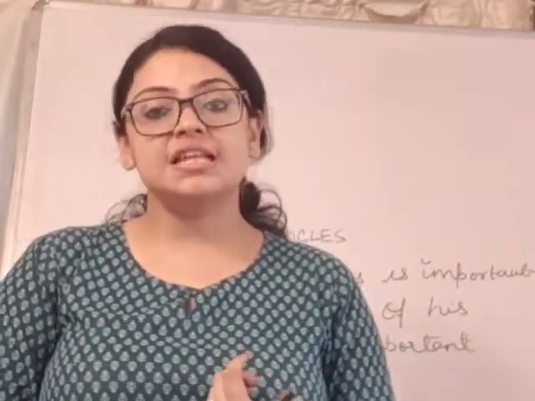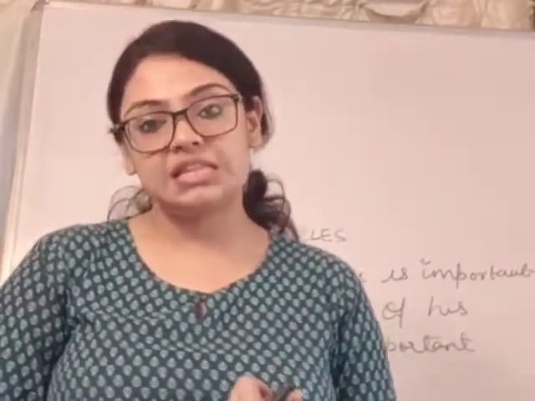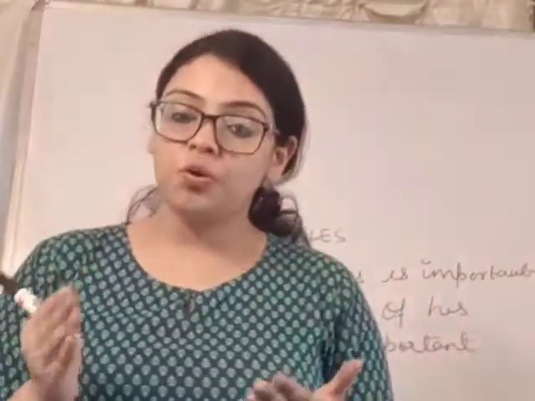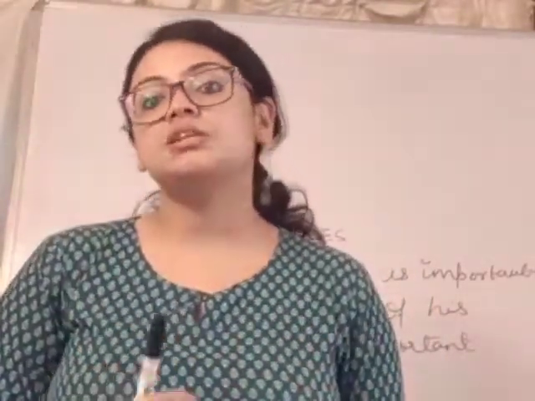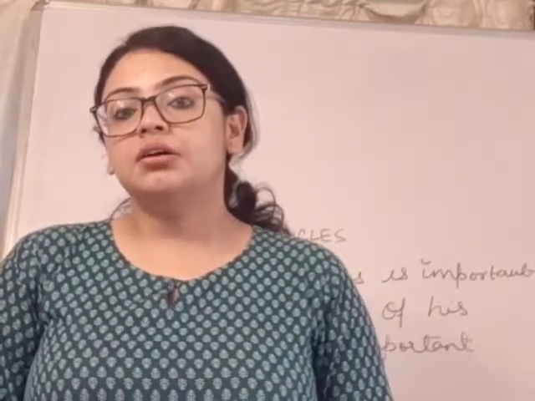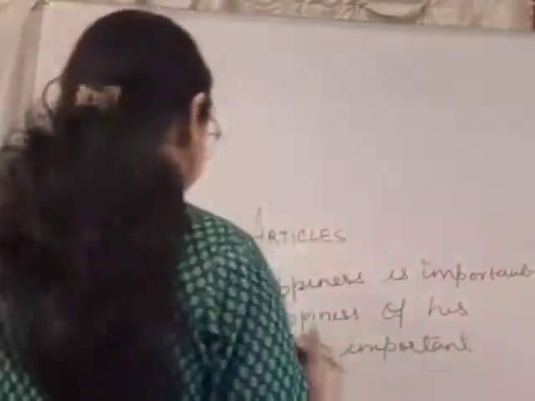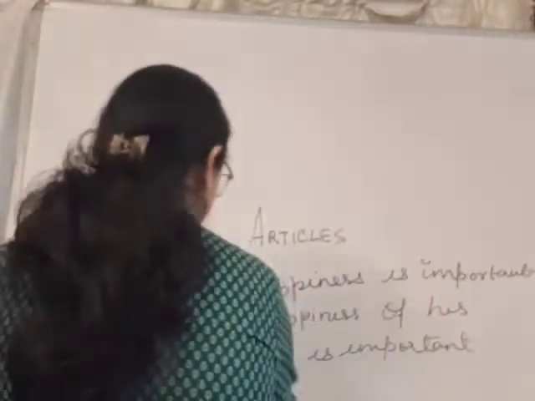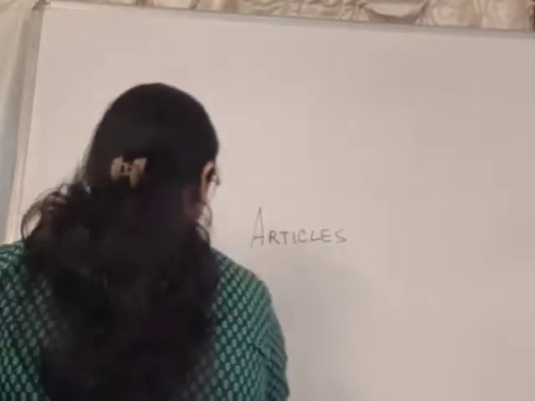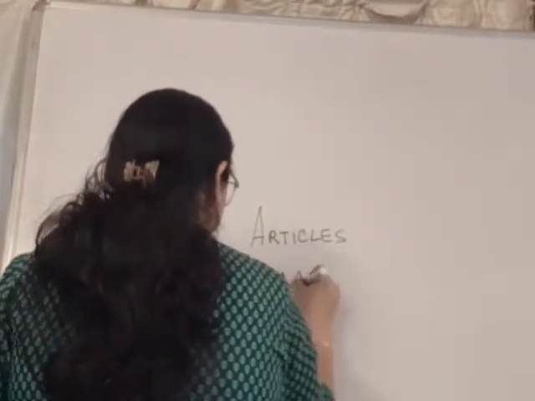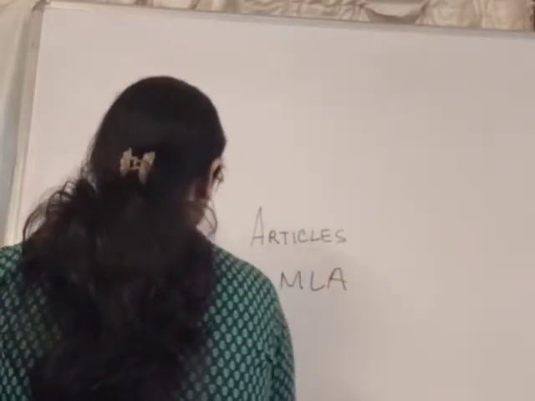Then another thing that I've told you, a and an before consonant and vowel sounds. Okay? And do not go by the look of the word. Go by the sound of the word, the way the word is pronounced. Like an MLA, an MBBS.